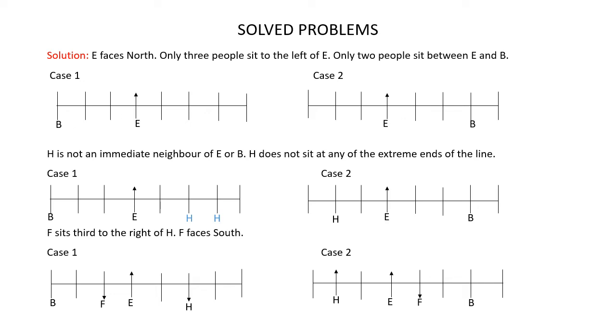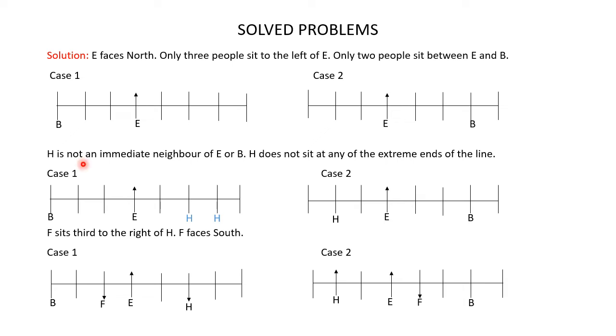In case 1, B can sit here so that there are 2 persons sitting between E and B. Or as in case 2, B can sit here so that there are 2 persons between E and B. So B can sit either to the left of E as in case 1 or to the right of E as in case 2.